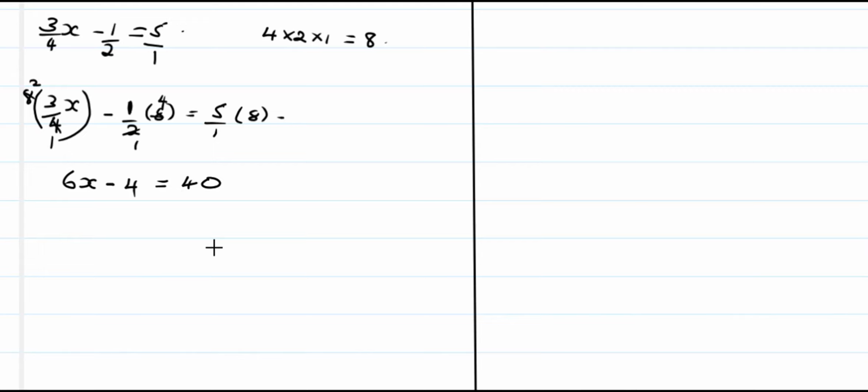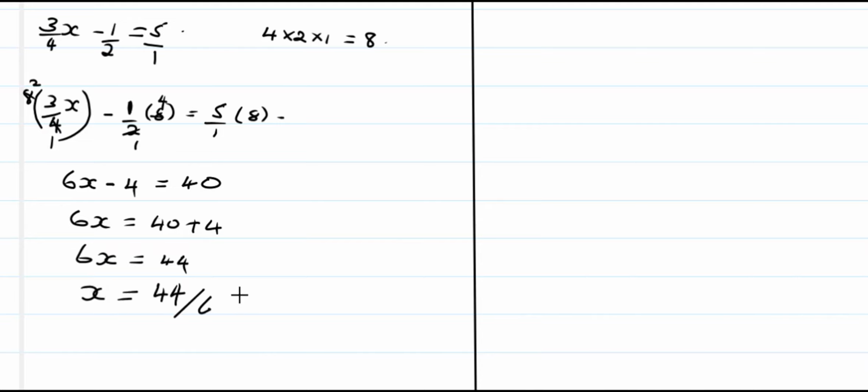But the first thing you note here is that this is 4, so I can take it on the other side, and it becomes 6x is equals to 40 plus 4, which now becomes 6x is equals to 44. So x becomes 44 divided by 6, like that.